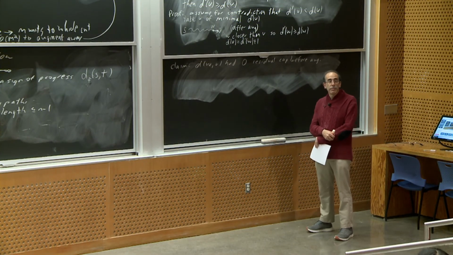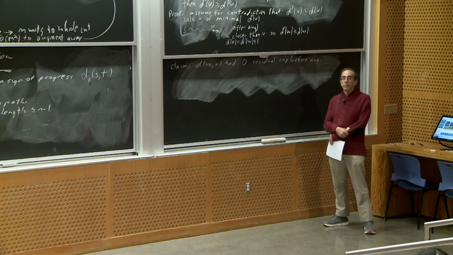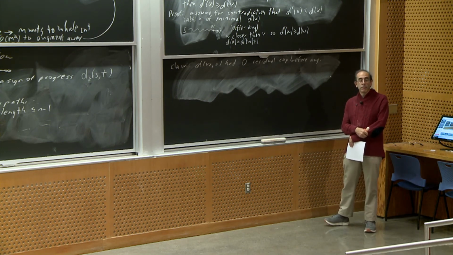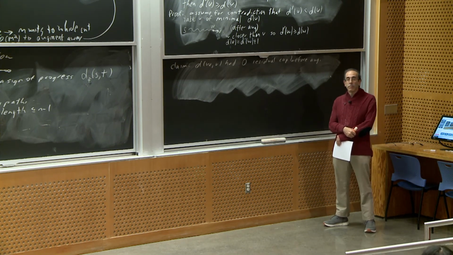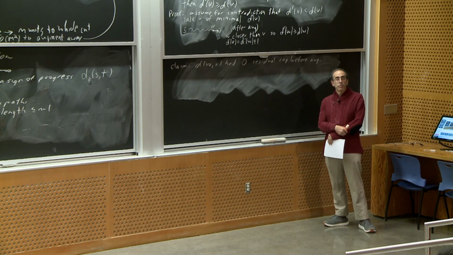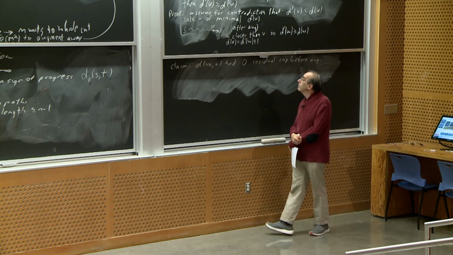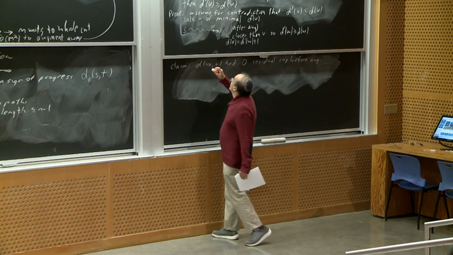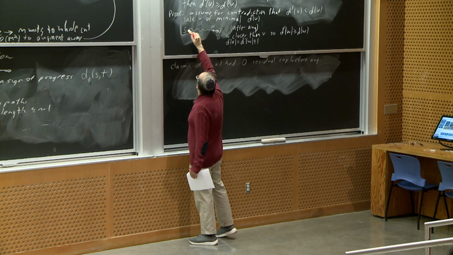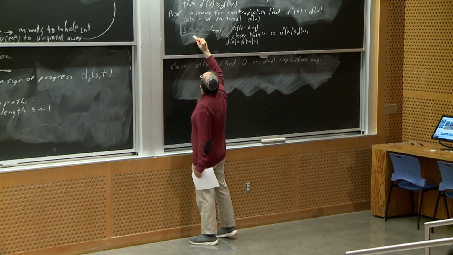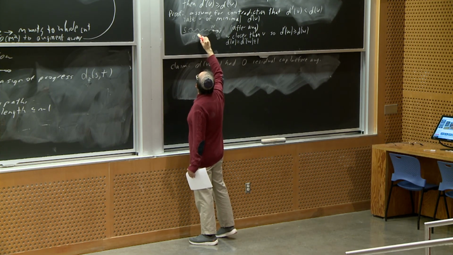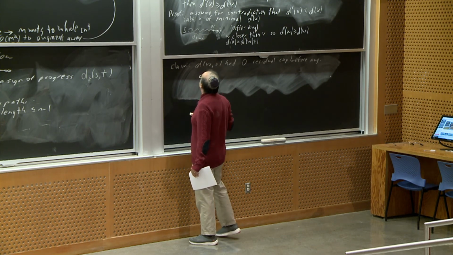What would that mean? So after the augmentation, this had length d prime of W, right?